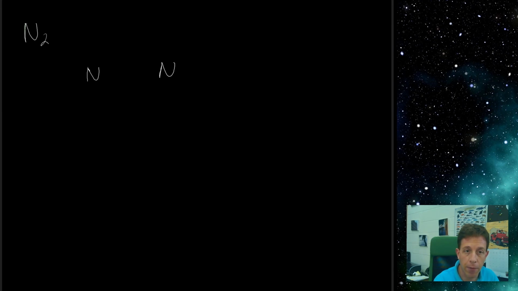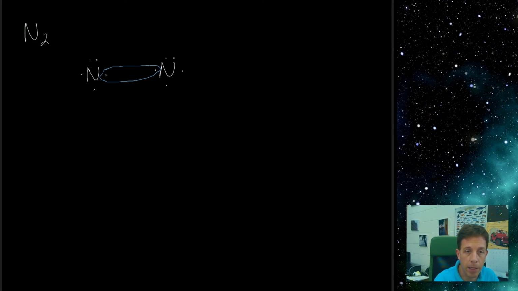Nitrogen has 5 valence electrons, so 1, 2, and then we draw the remaining electrons as single electrons. And again, we can make a bonding pair out of the 1 single electron right here.